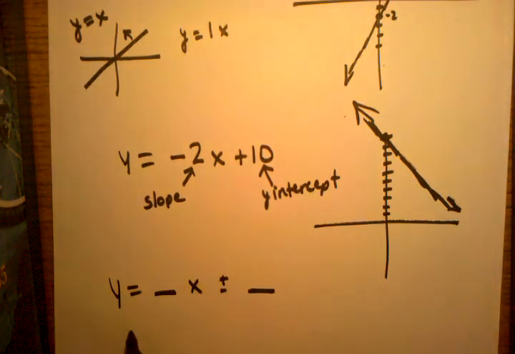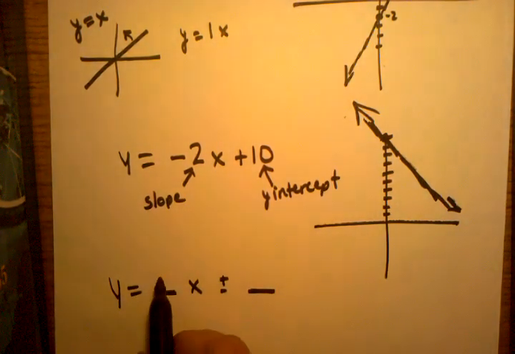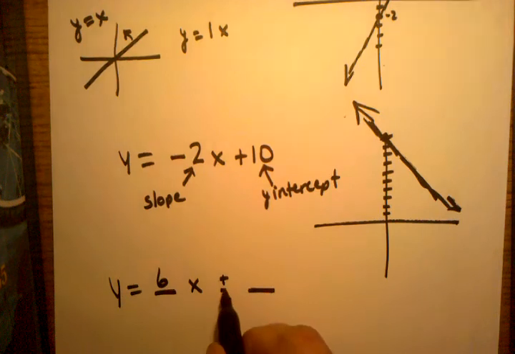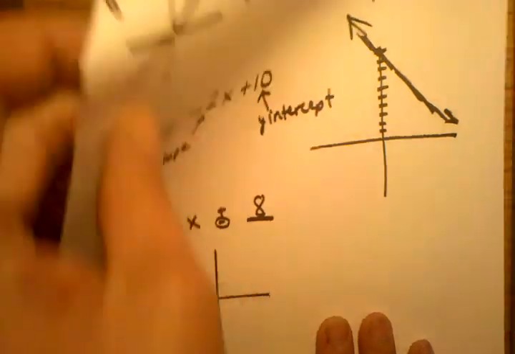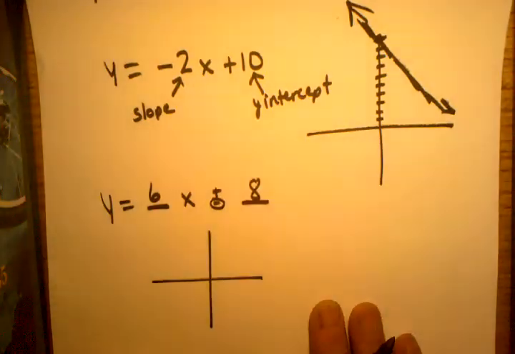You can just practice by putting in random numbers. You can put in fractions or decimal numbers if you want. Let's put 6x. I'm going to choose minus, and then 8. And then practice guesstimating what your graph is going to be by sketching it on paper.